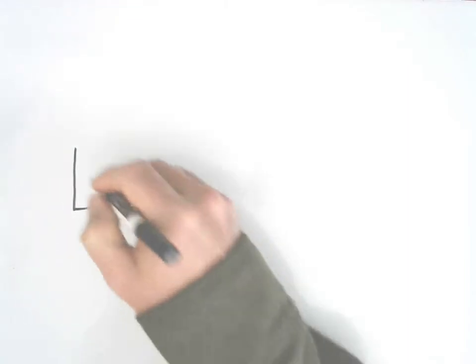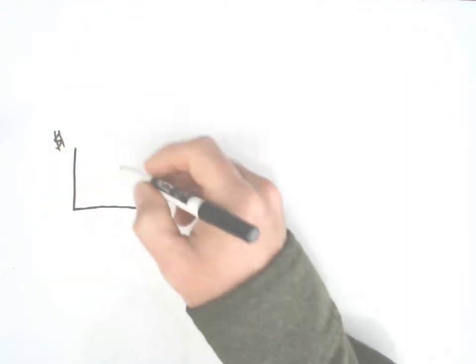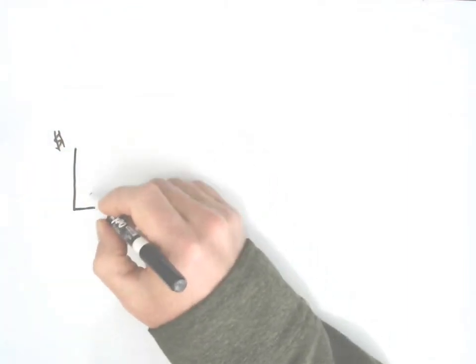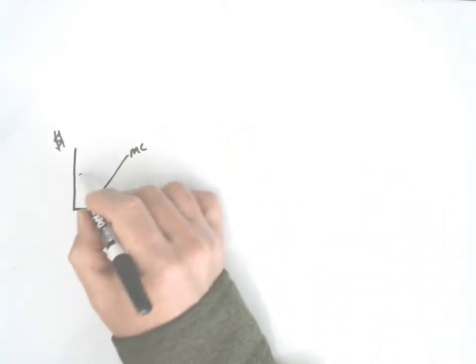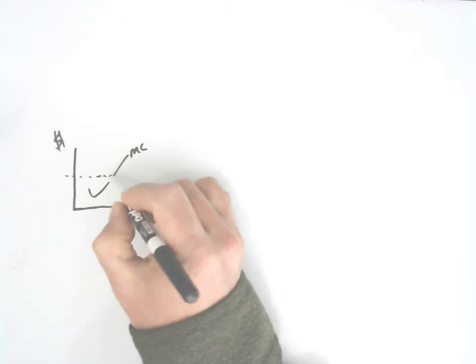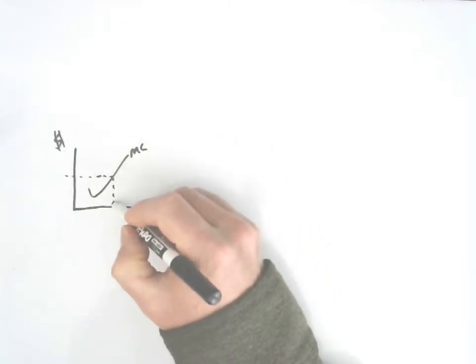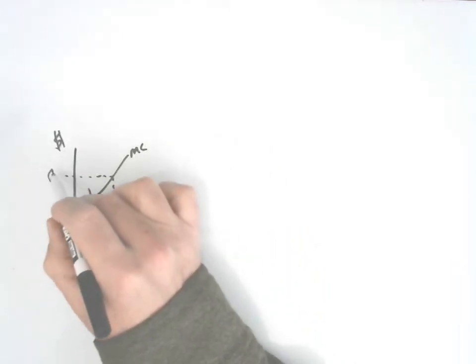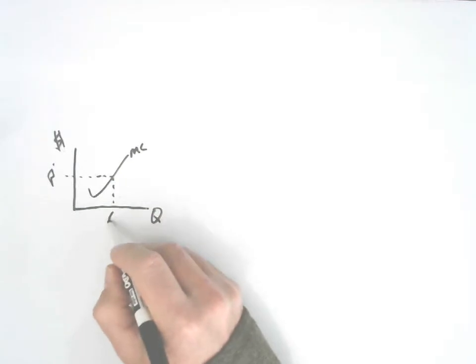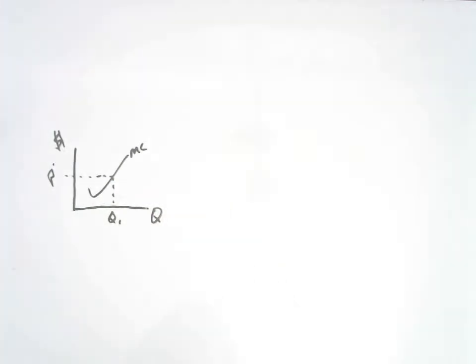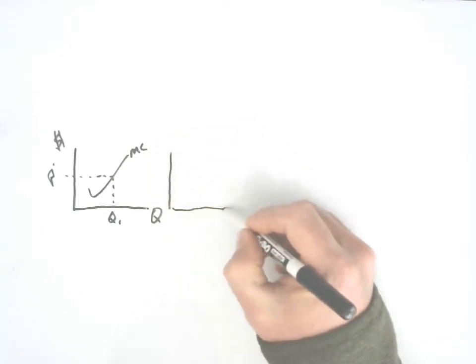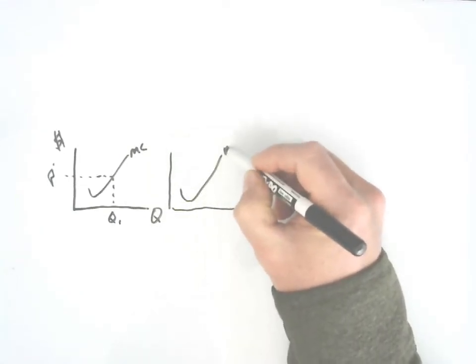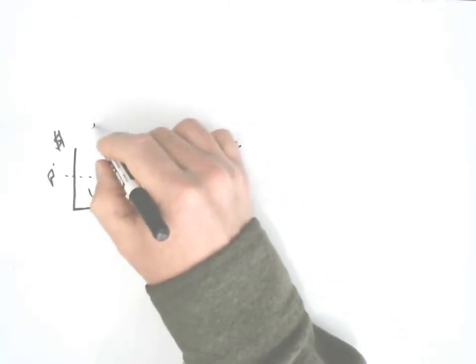If we've got 3 different firms' marginal cost curves, okay, and at a particular price level, say P prime, firm 1 will produce Q1 units at that price level.